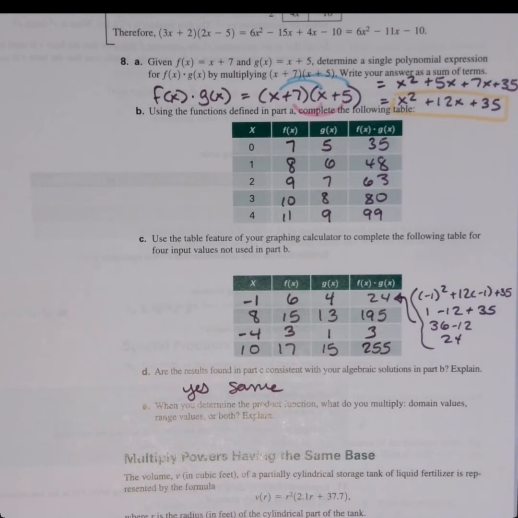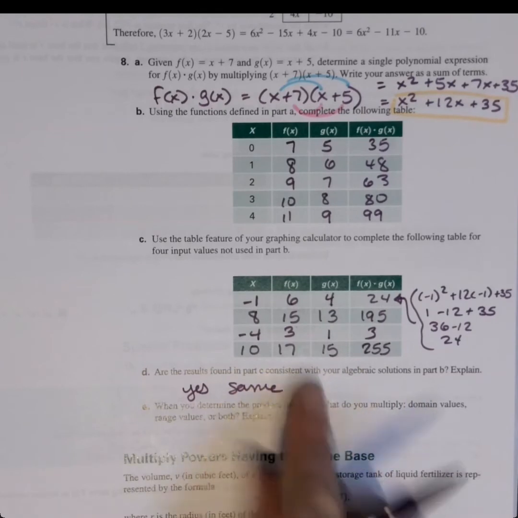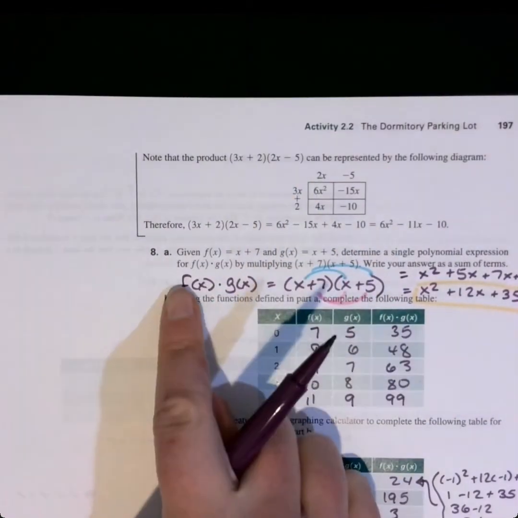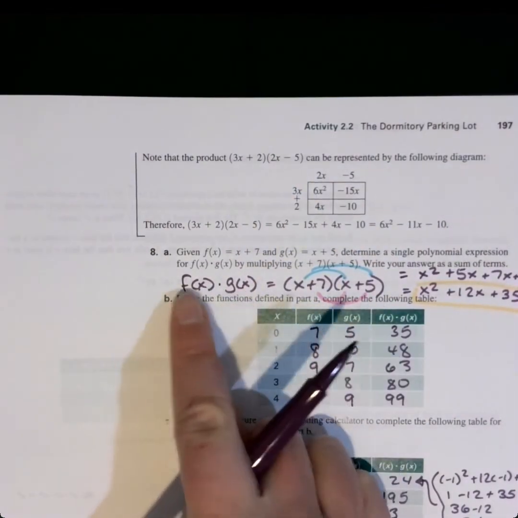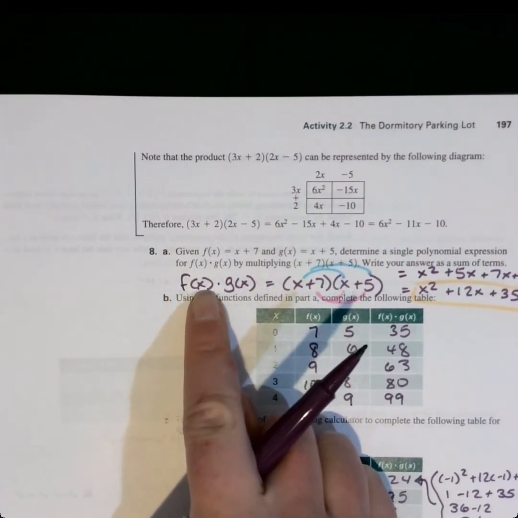When you determine the product function, what do you multiply? Domain values, range values, or both? Well, I'm multiplying the outputs of the two functions, right? f of x times g of x takes the output. f of x is the output. x is the input. The two x's don't multiply. It's the outputs, the functions themselves, that multiply.